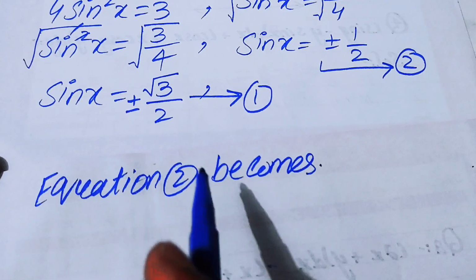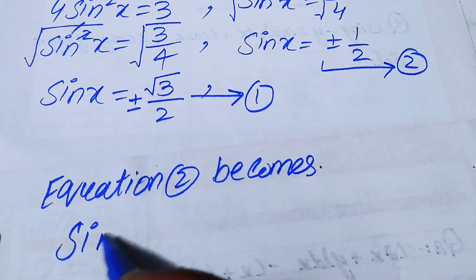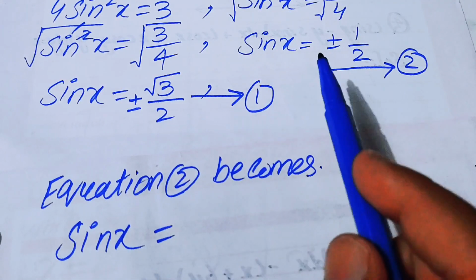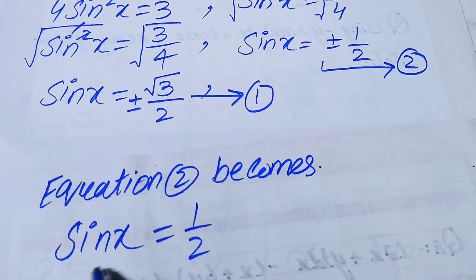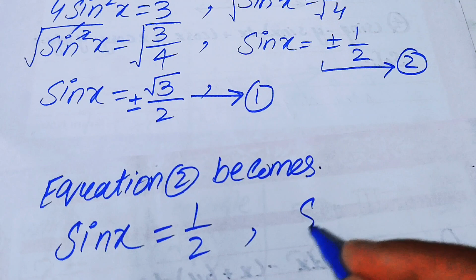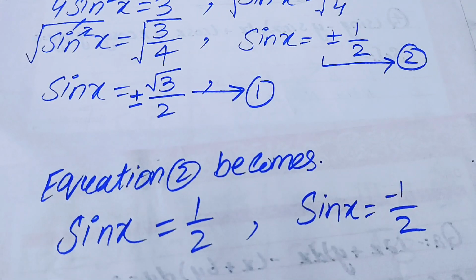Now I will solve equation number 2. Equation number 2 is sin x equals, and this equation also has two cases. First I can write sin x equals plus 1 over 2, and sin x equals minus 1 over 2.